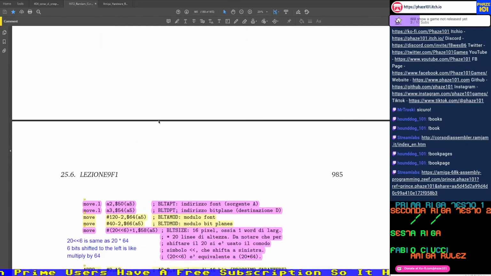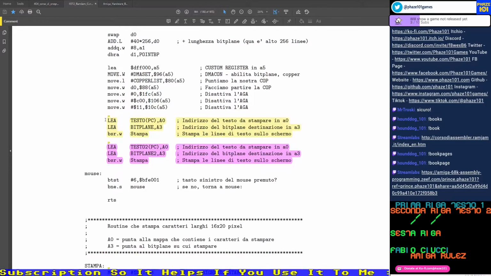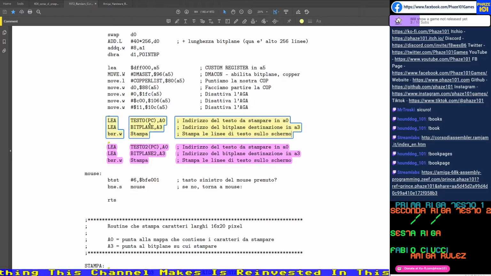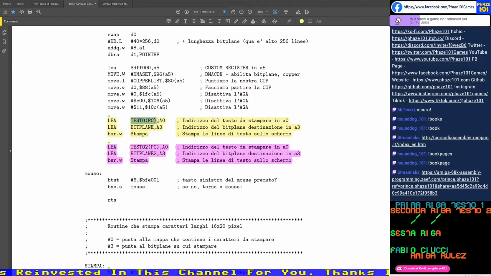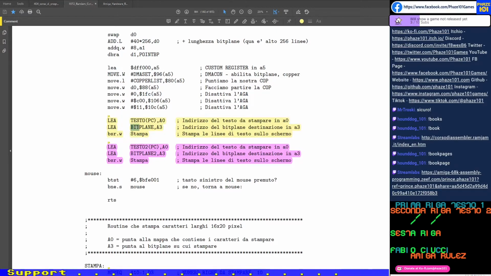So we have not two routines, one routine, but the initialization is twice, one for each bit plane. First we do the first bit plane, so we get the source address where our text is that we want to write on the first bit plane, and then we get the destination address of bit plane 1.